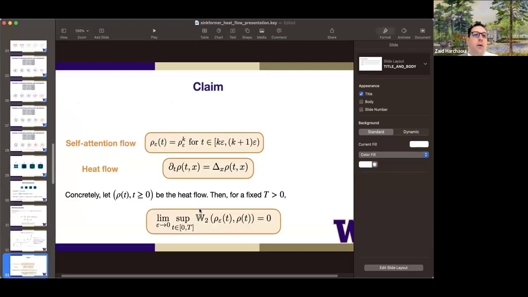Okay, and so what we can prove is that as epsilon tends to 0, if we look at the continuous time trajectory of the process, it will converge to the continuous time trajectory of another limiting process, and this process is the solution of the heat flow equation.